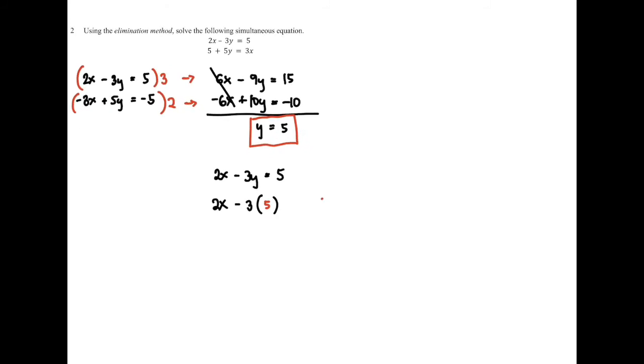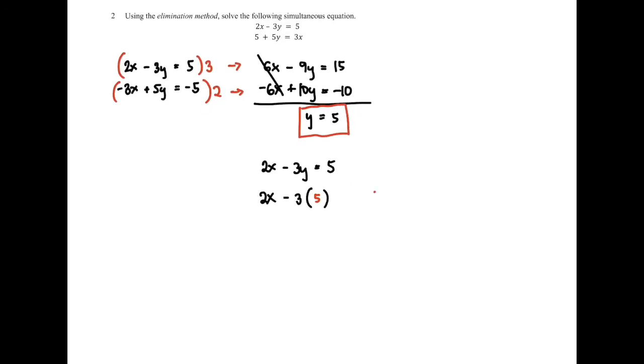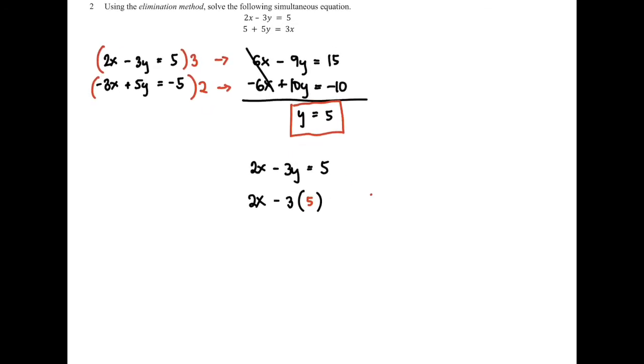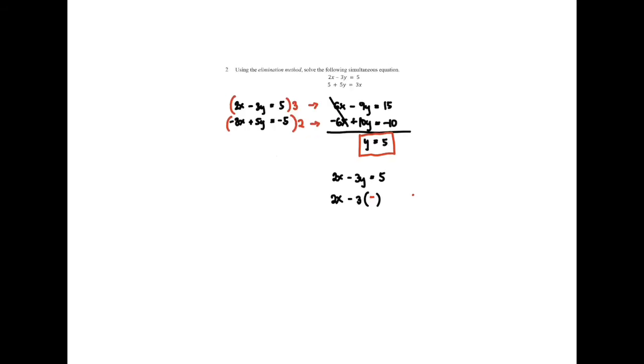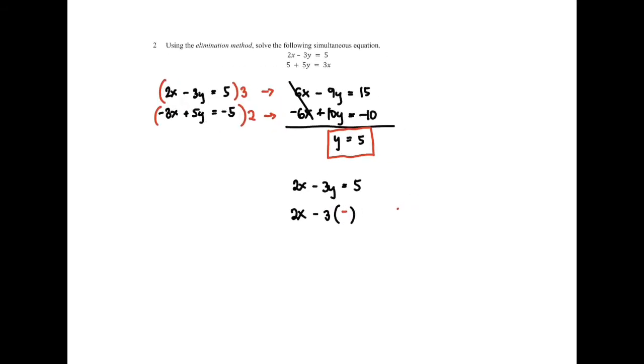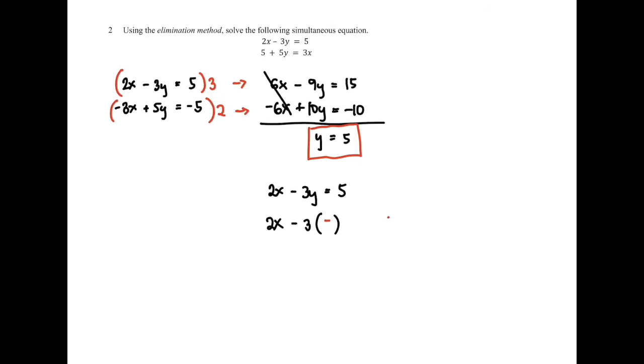Okay, so this is 5 now, and then equals 5. Okay, so just solve for x. So this is now 2x minus 15 equals 5.